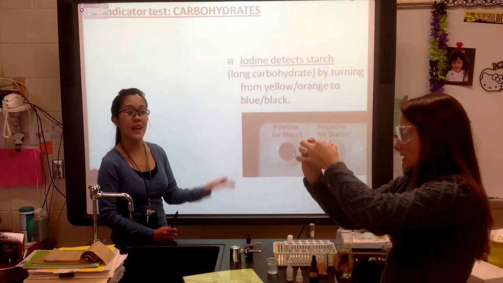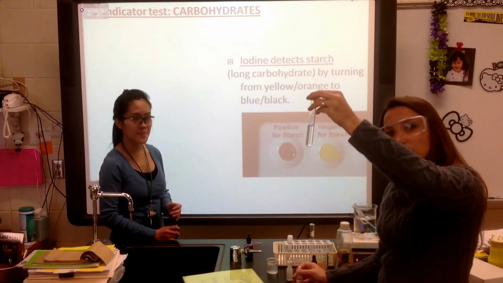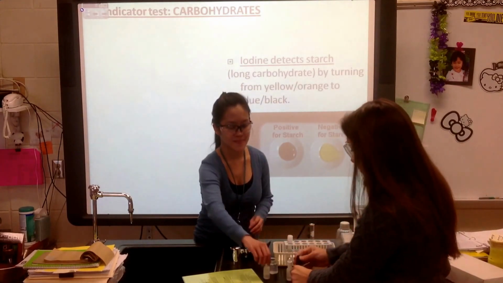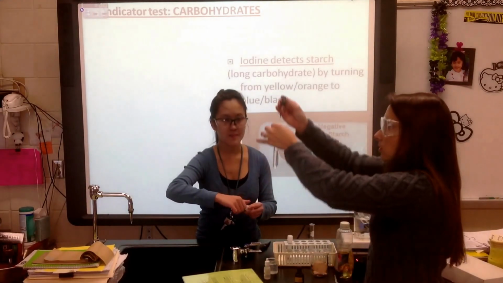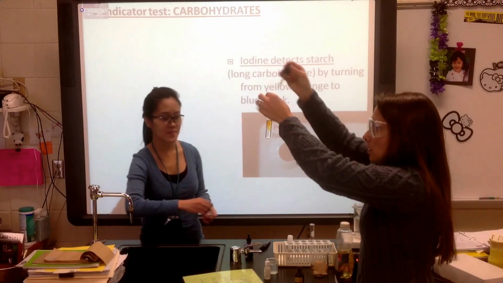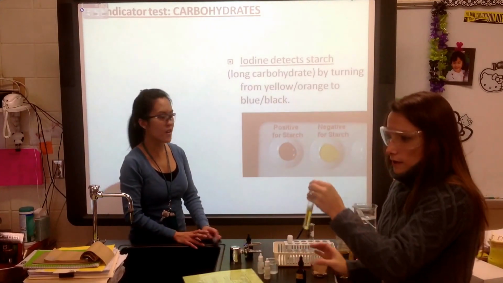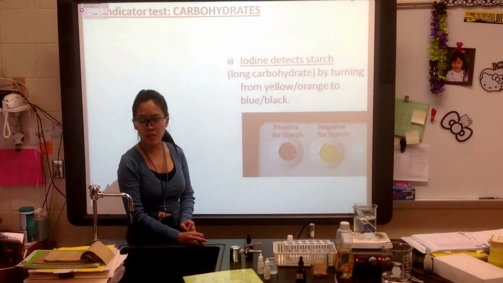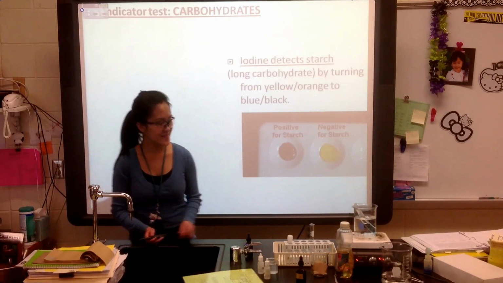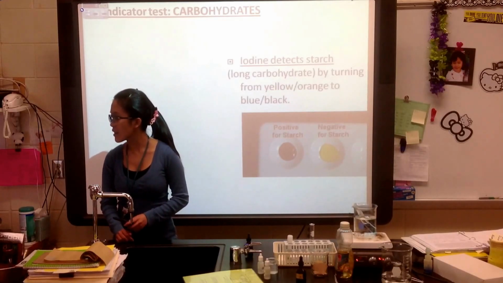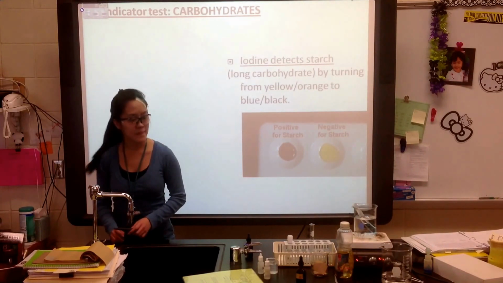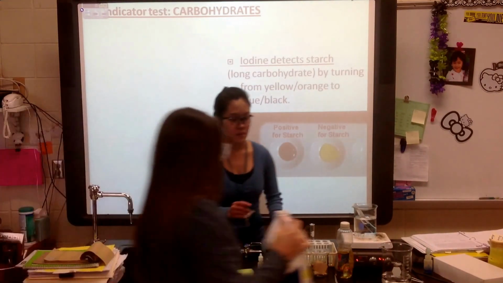And remember, notice you have to add the water first to it. I don't see a color change yet, but when I add my 4 drops of iodine, it's going to start off as your yellow-orange color, and when we add the starch, it will actually turn bluish black.